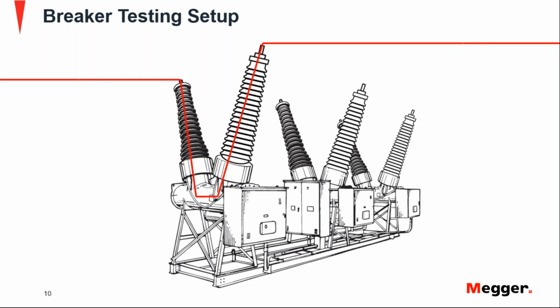Also, here I'm showing only one phase, with current circulating through one phase. The very first thing you need to do to run the test is open the breaker, because you need to connect to the terminals of the breaker. So you need to open the breaker and isolate it.